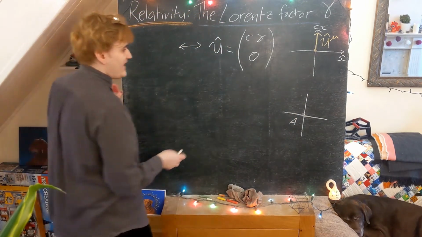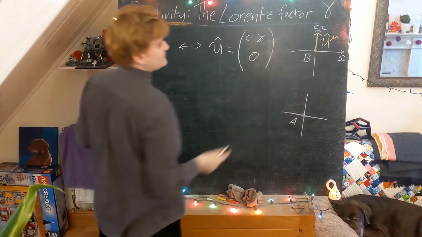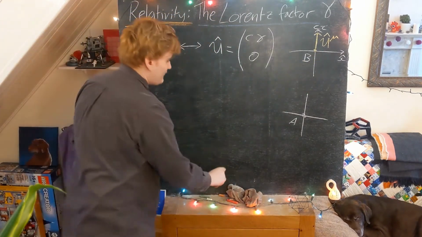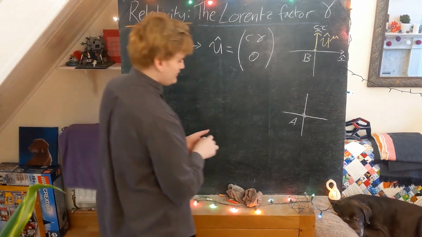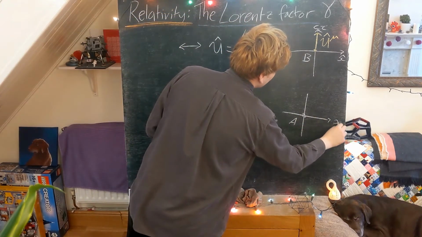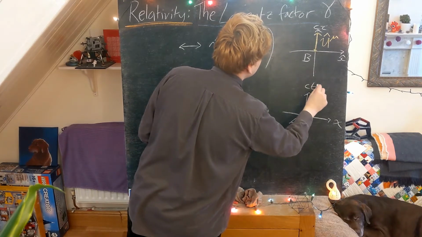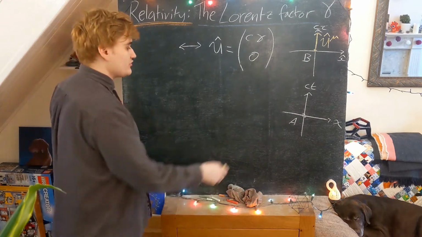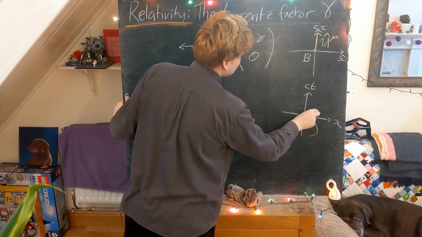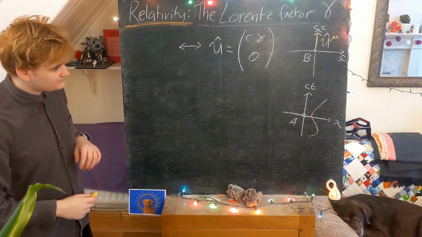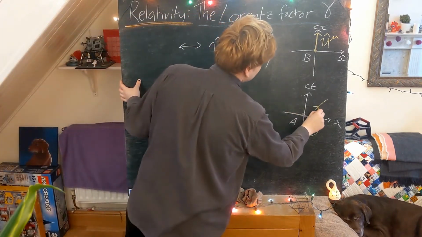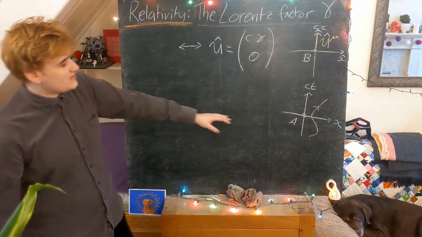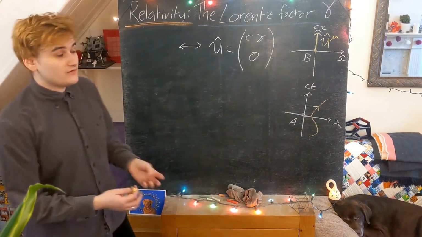Let's say we're the observer A, and we look at this observer B, who's stationary in their own frame. But now from our newly stationary perspective with unhatted coordinates, we might see this B observer moving in some way, travelling along some world line. And we started discussing how we can use the proper time to always parameterize this world line.